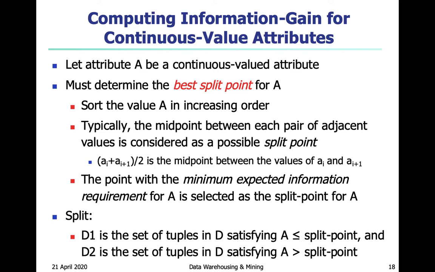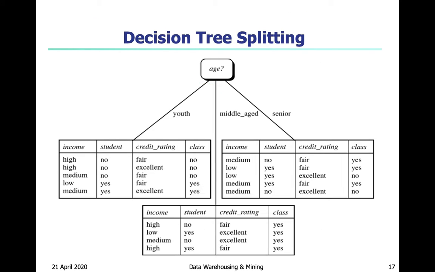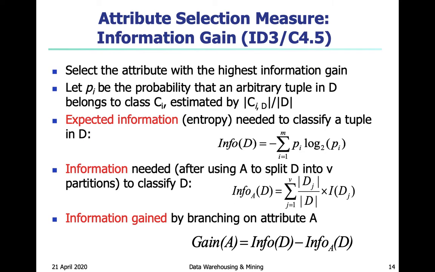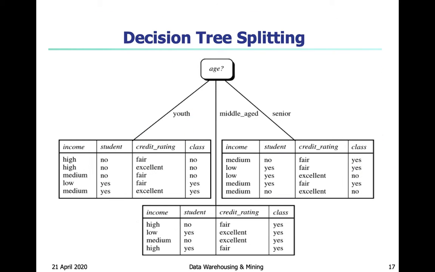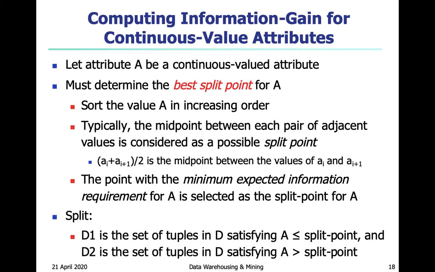Means here the value of v is 2. According to this equation, the point with the minimum expected information requirement for A is selected as the split point for A. So one will be A less than or equal to the split point, another will be A greater than the split point, like this.